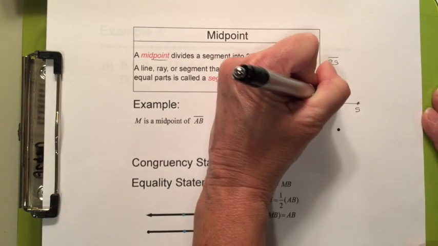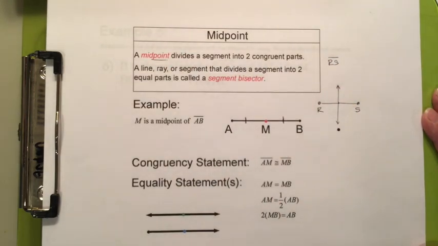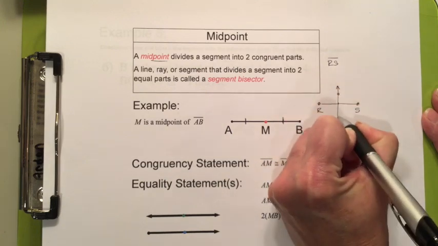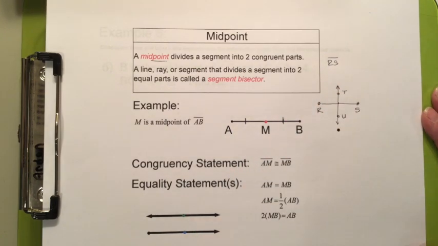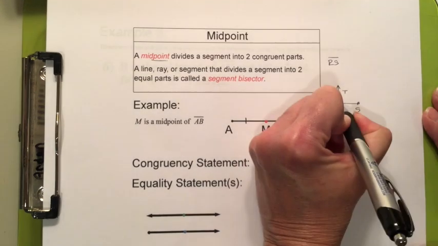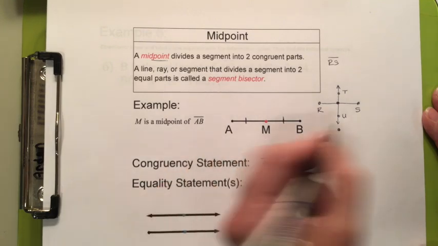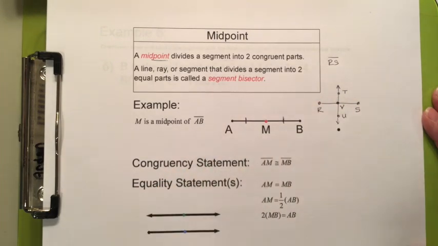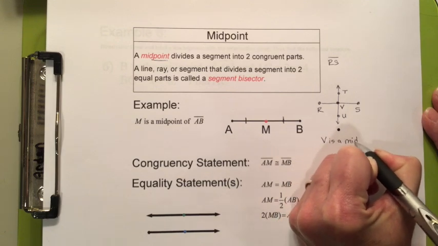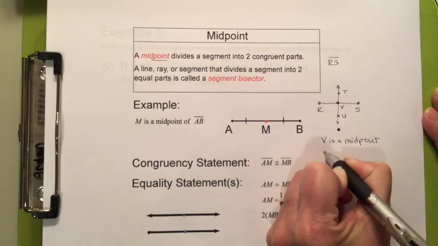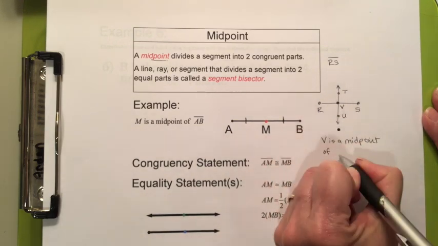And then a line here, we might have line TU. And my midpoint of RS would still be right there. I could call it V, right? So you would have V is a midpoint of, and that's where you have to be careful, it's a midpoint of segment RS.